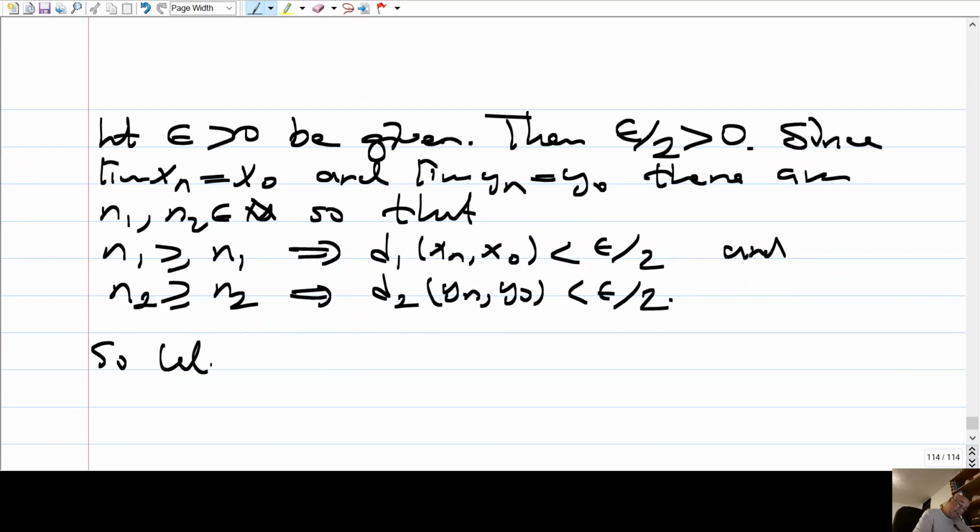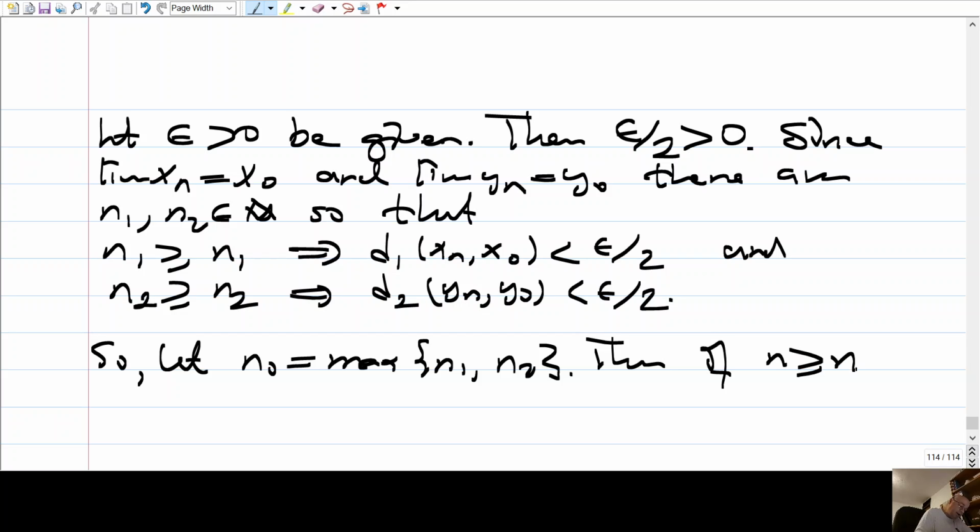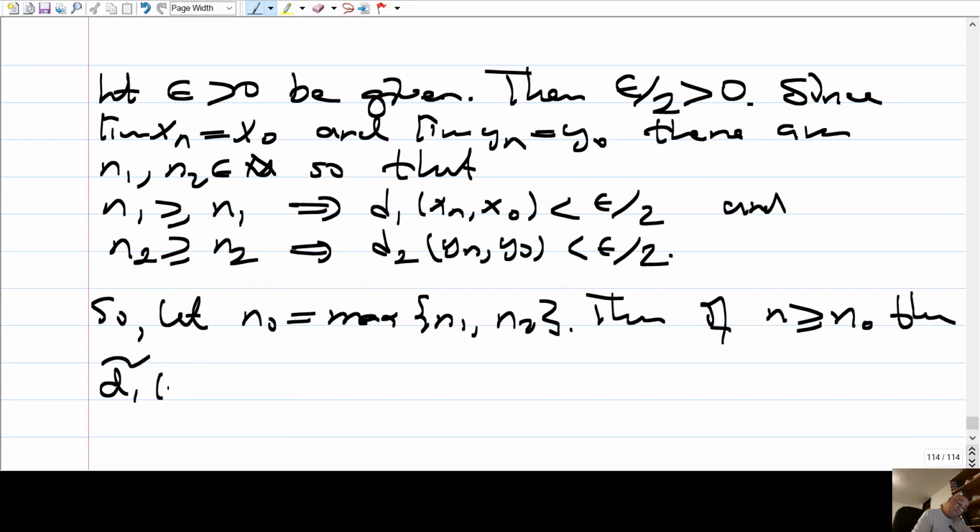So let n0 be the maximum of n1 and n2, then if n larger than n0, then the distance between what?